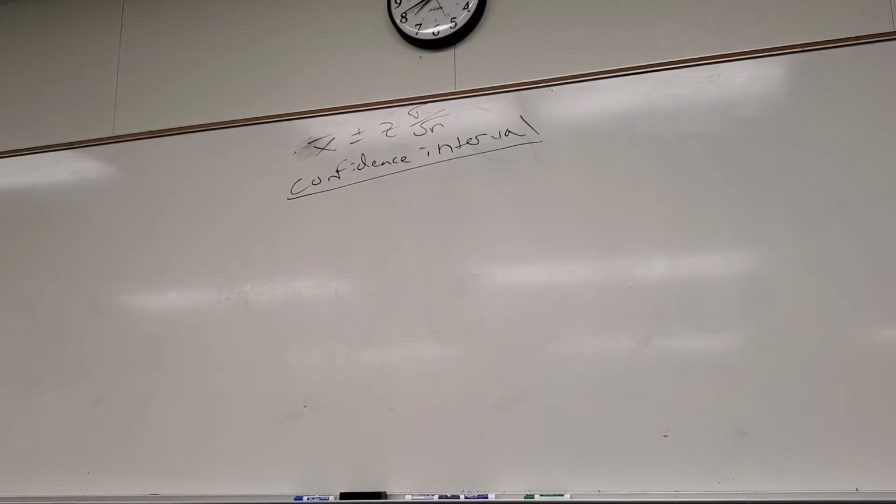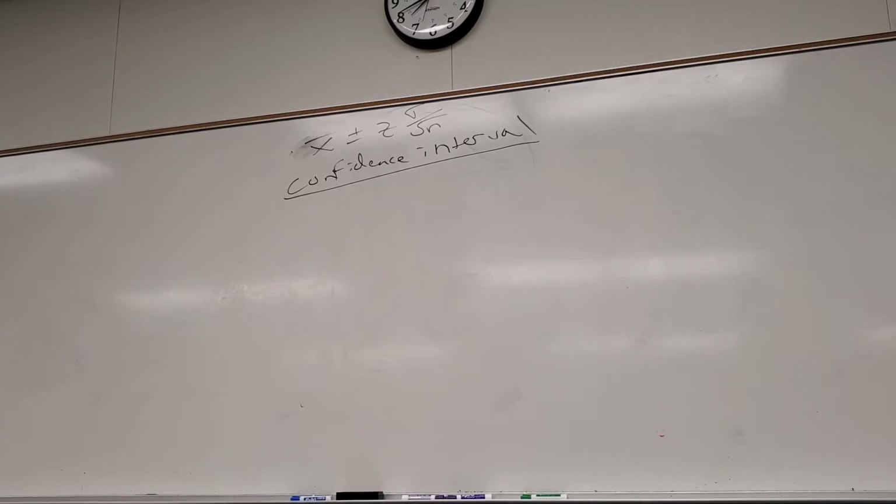If I told you 51% of people want Trump impeached, that's not enough information. If I tell you I'm 95% sure that between 48 and 53% is the real percentage of people that want that, that's more information. That tells me a little bit more. So, for example, if I said somewhere between 48 and 53% want Trump impeached, versus somewhere between 30 and 70%, which one has more uncertainty in it?